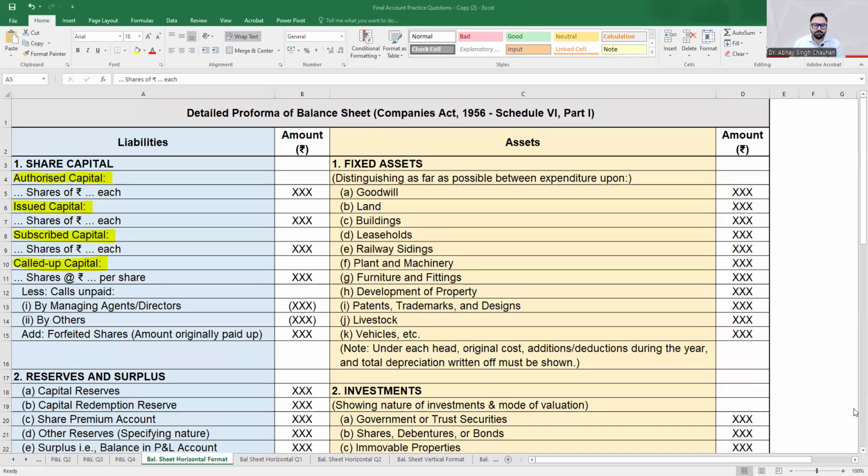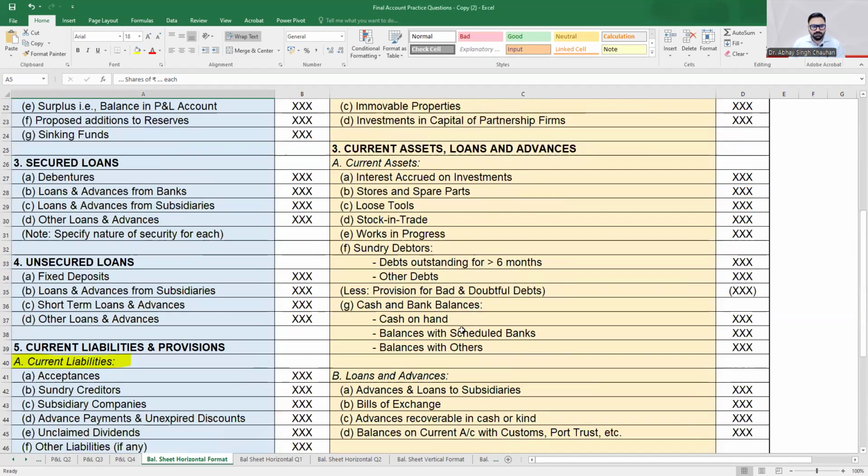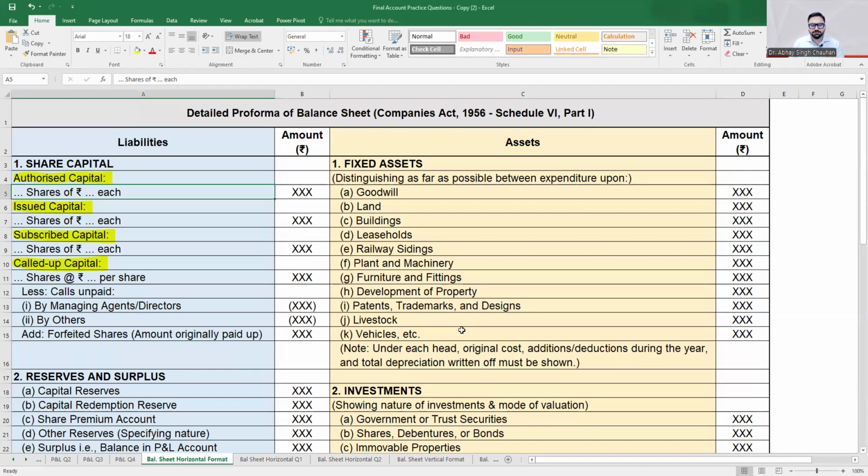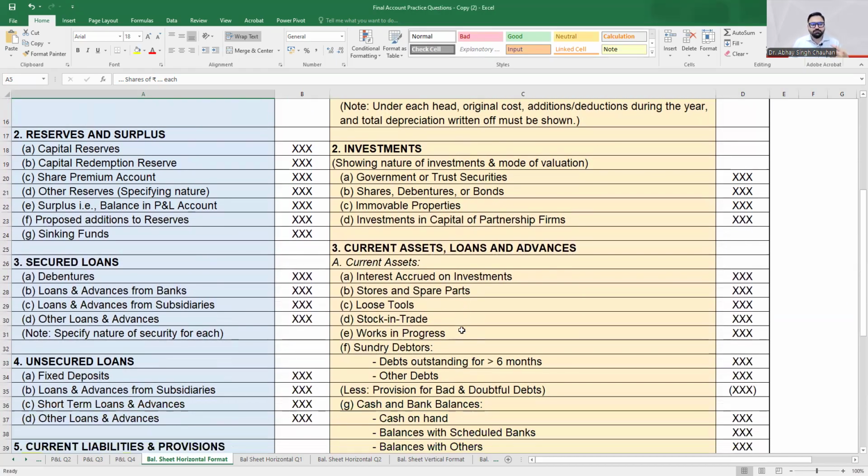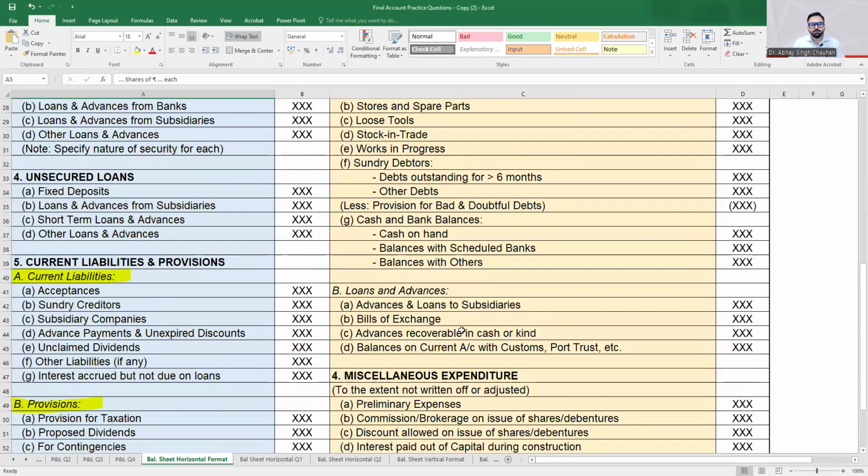of an example, right? So I believe that you all have seen this format. This was the format wherein you have seen that on the liability side, we have share capital, reserves and surplus, secured loans, unsecured loans, and also current liabilities and provisions.